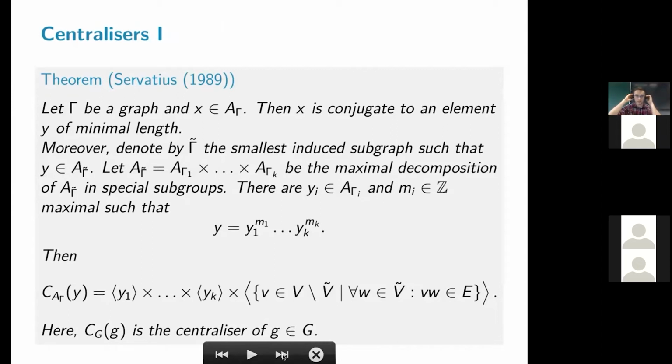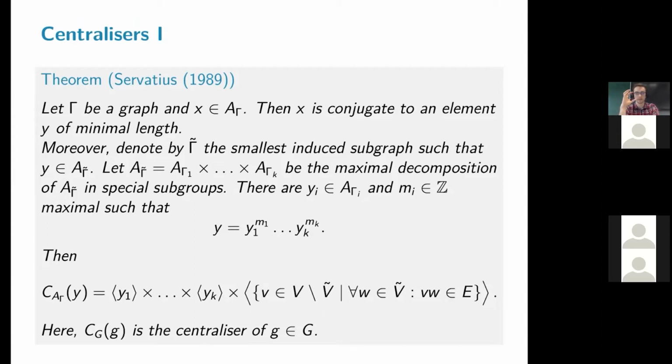So Servatius in '89 gave a full description of centralizers of elements of your right-angled Artin group. The statement is quite long, but I'll guide you through it. It starts with an element X of your right-angled Artin group A gamma. And he first proved that X is conjugate to an element Y of minimal length.